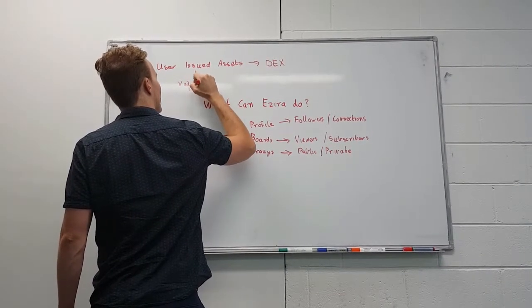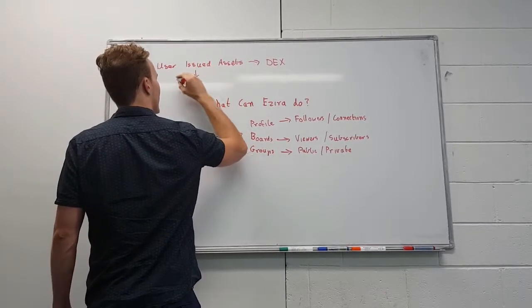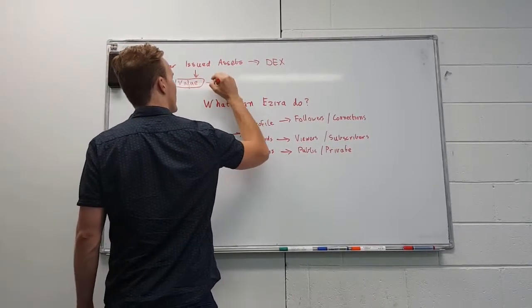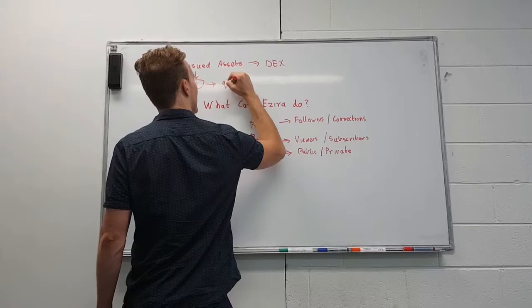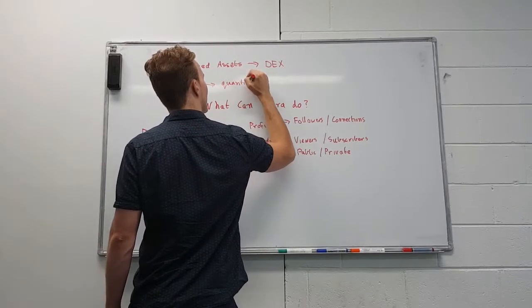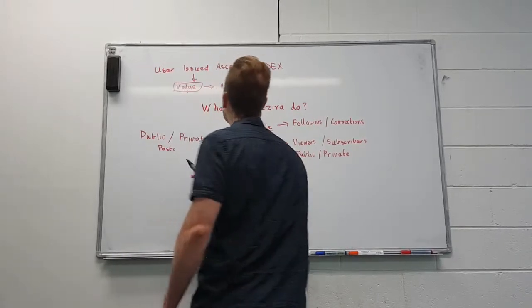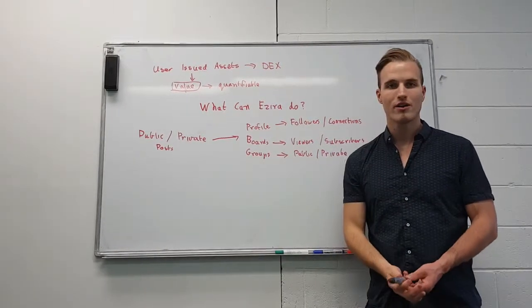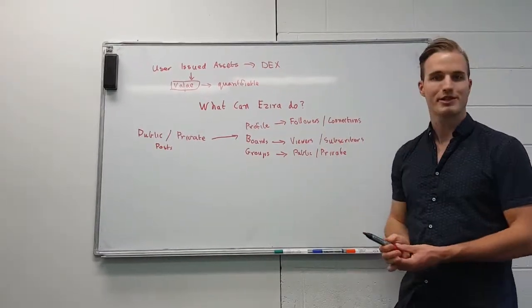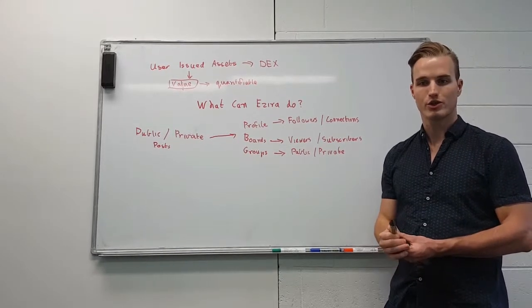Anything of value that is quantifiable. Anything that you can put a number on, you can trade on the Ezira decentralized exchange with a user-issued asset.